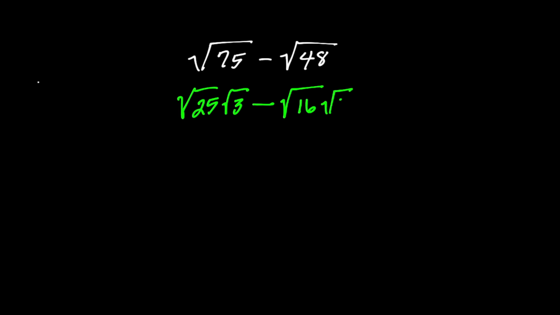That's a tricky one if you don't know your times tables. But 16 times 3 is 48, so root 16 times root 3 is root 48. So again, here I have like terms, quote unquote, or air quotes, like terms. So let's simplify the 25. Square root of 25 is 5. Square root of 16 is 4. And when I go to subtract these, 5 minus 4 is 1.